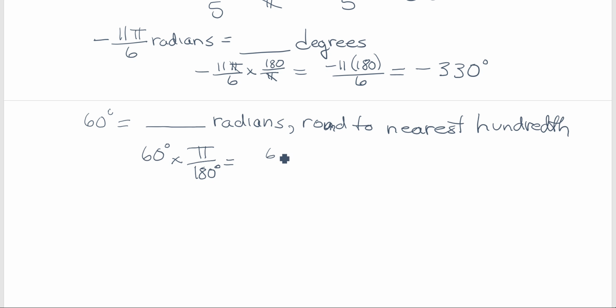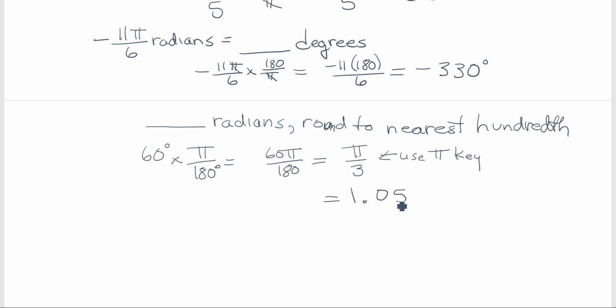So that's going to give me 60 pi over 180, which would reduce to pi over 3. And now to round, I'm going to use the pi key on my calculator. So if I take pi divided by 3, I get 1.05 radians once I round.